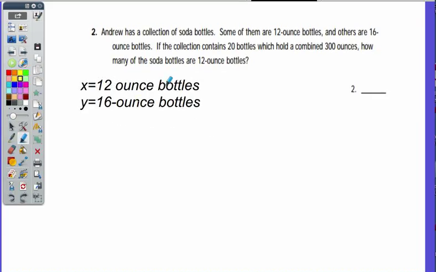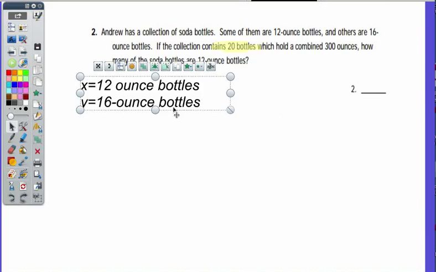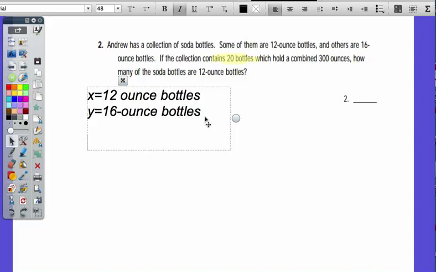The first one comes from the fact that I know that there are 20 bottles right here. So I know that altogether X plus Y better equal 20 because there's only 20 bottles.